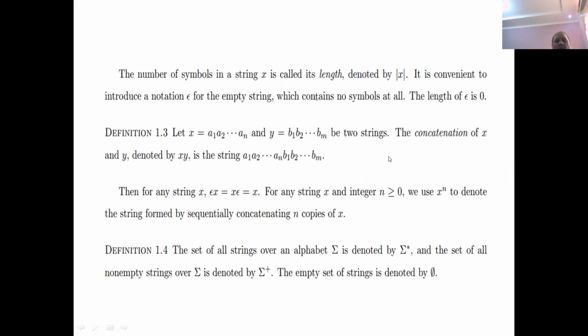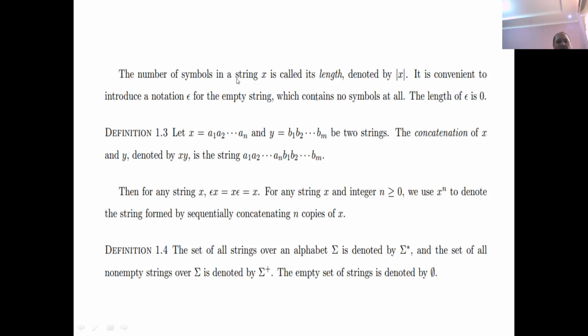For example, if we have a set consisting of 2 elements, A and B, we can create strings as A, only B, and together A and B, B and A, and so on.